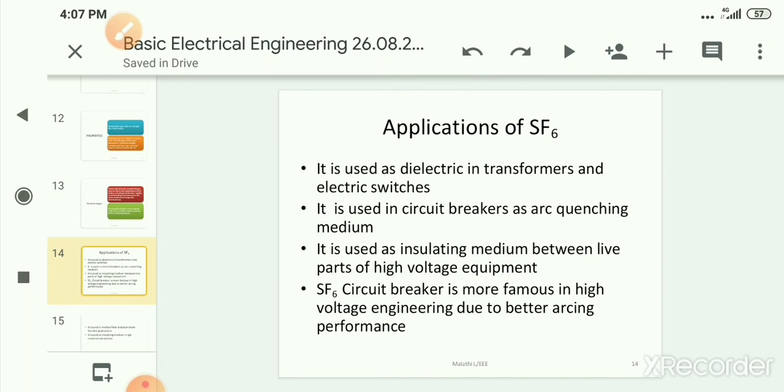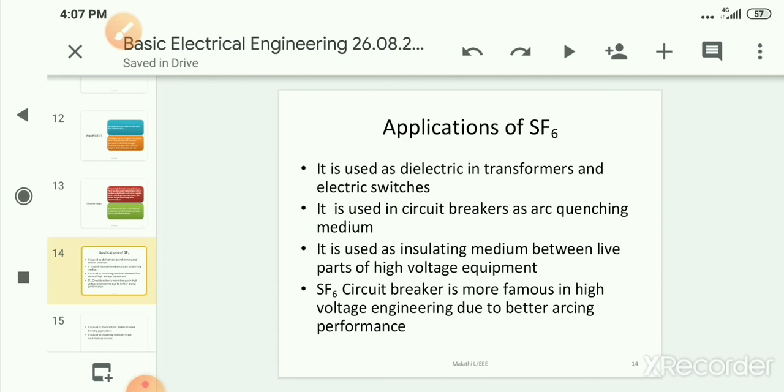An air substation occupies a very large place, because some space is required from one equipment to another equipment. The insulating medium is only air, that's why, with live parts of high voltage equipment, it definitely needs a large place.